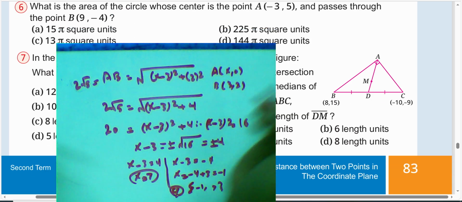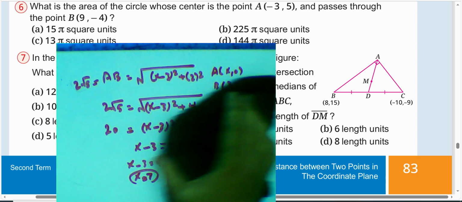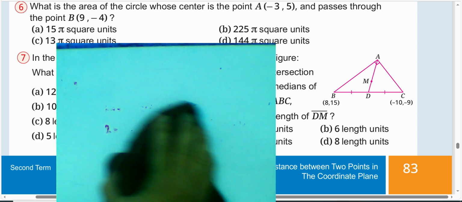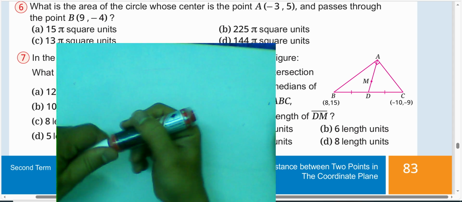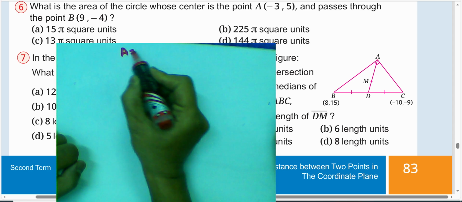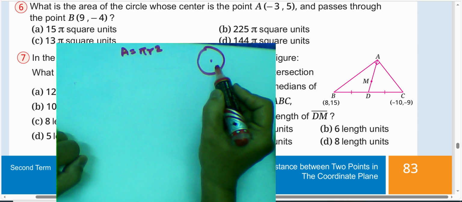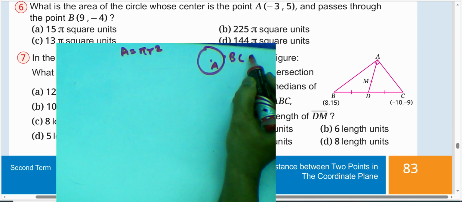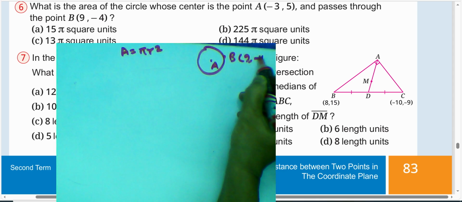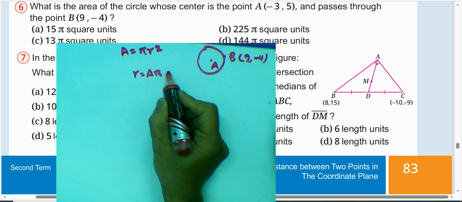Number 6. What is the area of the circle whose center is point A and passing through point B? You want to find the area of the circle. We know the area of the circle equals pi r power 2. The center was A, and the circle passes through the point B of coordinates 9 and negative 4. Then we can find the radius, which equals AB.